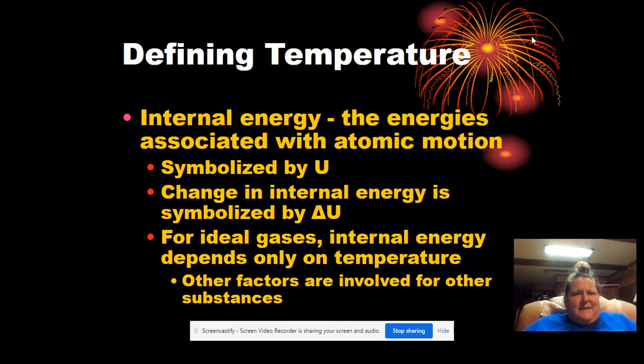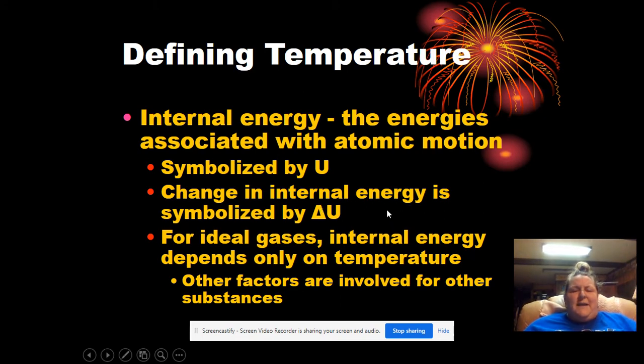We call that internal energy. Think of it as the atoms inside the substance that makes up the substance. It's symbolized by the big letter U. The change of internal energy is delta U. Remember, delta means the change of.